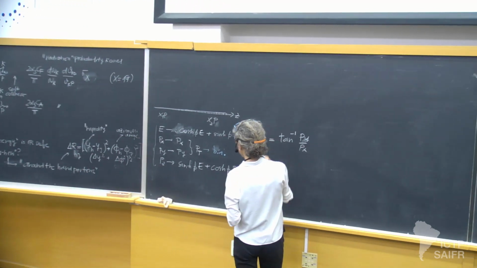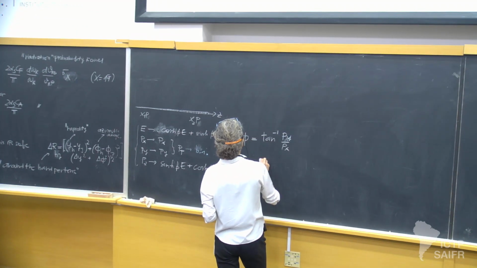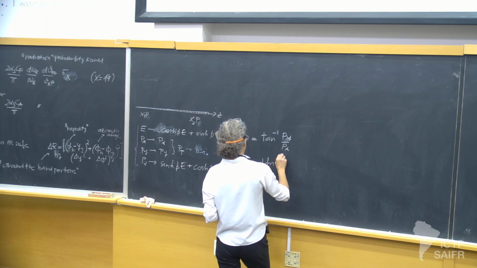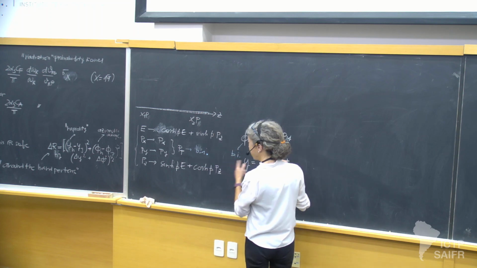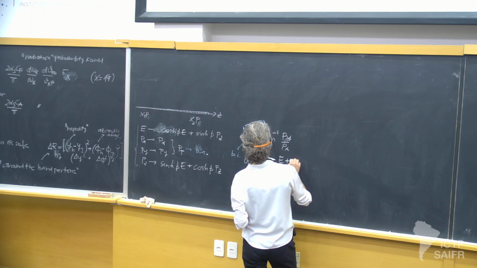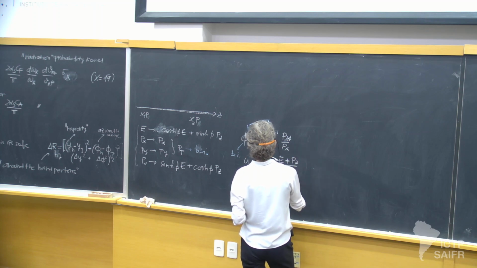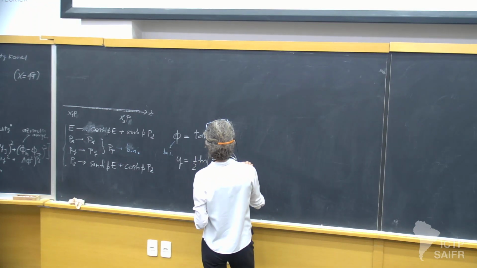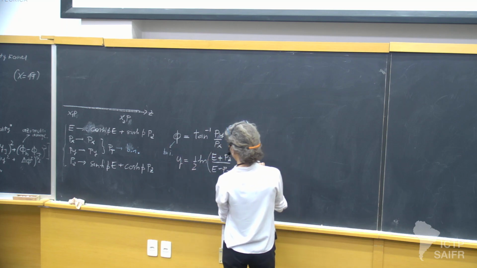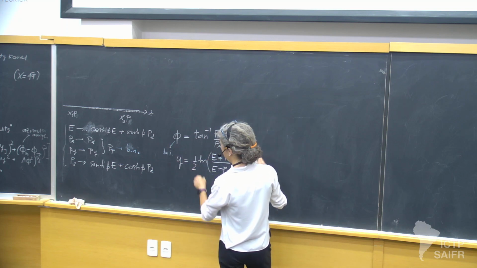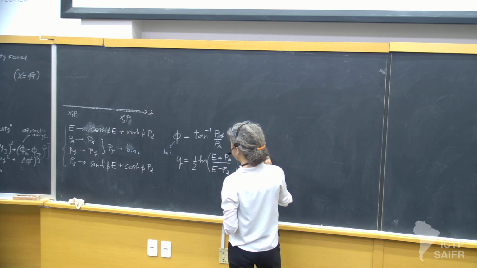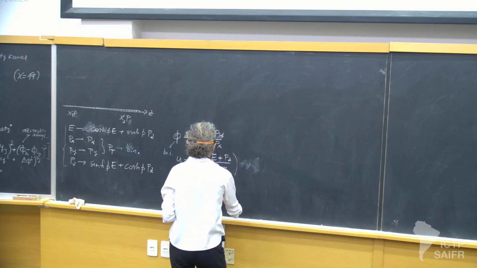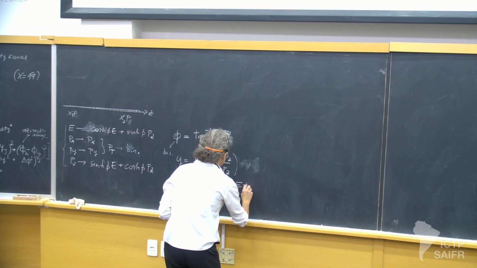The rapidity that I haven't defined for you, I will define now as a half of the logarithm of E plus P sub Z over E minus P sub Z, and you will see why the logarithm. Of course, you see immediately that it is not boost invariant, because if I substitute inside what happens under the transformation, the argument of the log goes into itself times a factor.